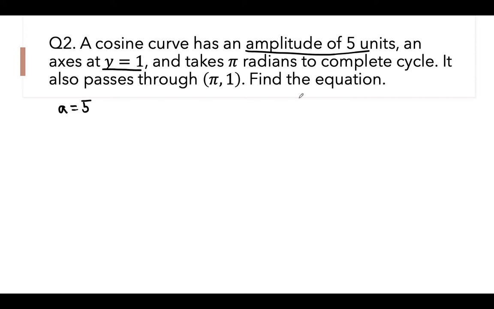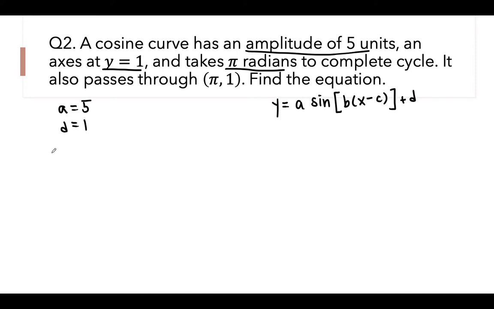So that means if we're assuming that y is equal to a sine b x minus c, and I'm following this lettering, A is 5, D is 1, and then it says pi radians for 1 cycle.